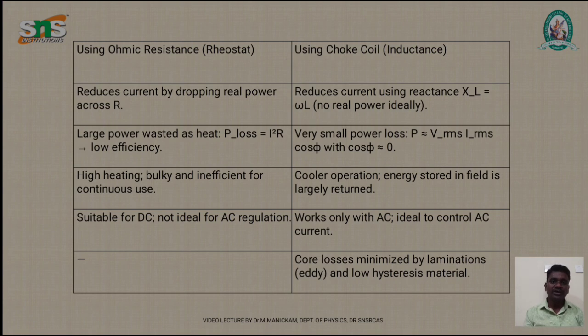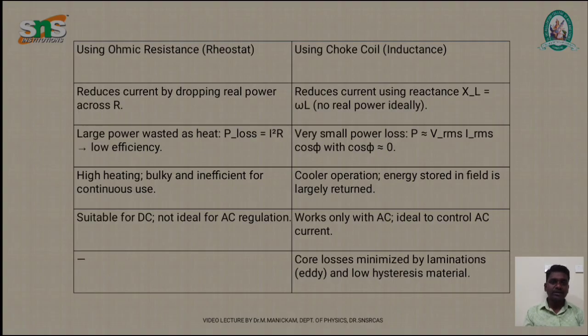An ohmic resistance reduces the current by dropping real power across the resistance. A choke coil reduces current using the reactance XL, equal to omega L, so ideally no real power is used. With an ohmic resistance, large power is wasted as heat, with power loss equal to I square R, so only low efficiency is obtained. In a choke coil, the power loss is very small: P is equal to V RMS into I RMS into cos phi, with cos phi equal to 0, so very little power is lost.